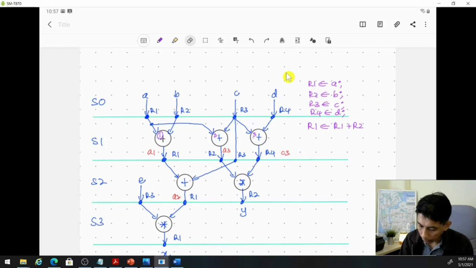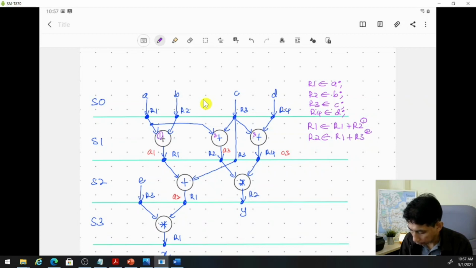So it means that for the first operation we use adder number 1, and for this operation, R2, we use adder number 2, which is R1 plus R3.